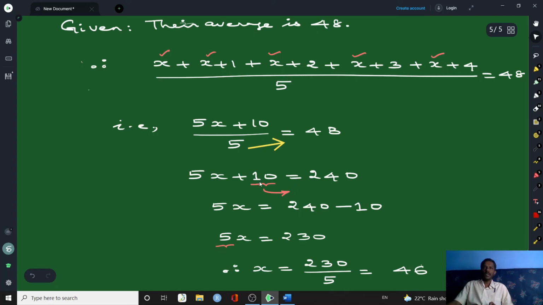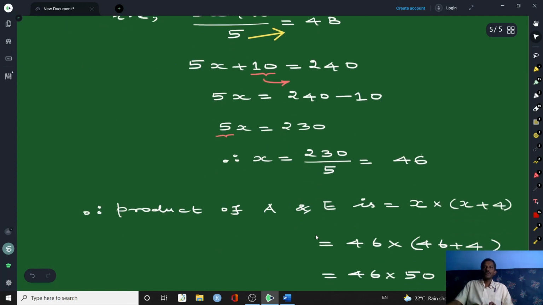Now you push the 10 to the right hand side so that it becomes minus 10. So 5x is equal to 240 minus 10, which is 230. Now you divide by 5 on both sides to get x on the left hand side, and 230 over 5 will give you 46.